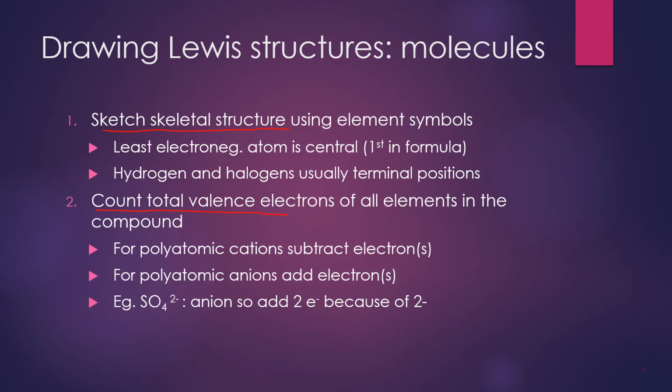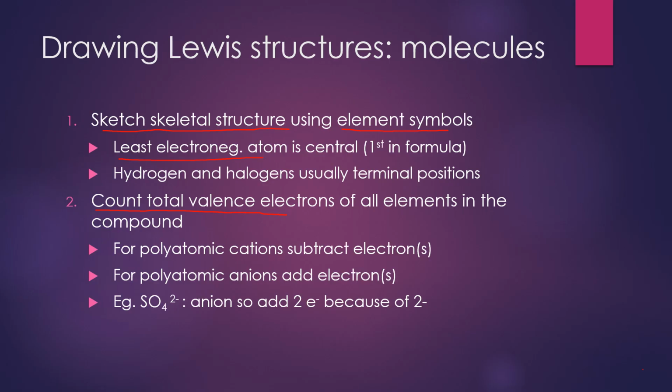How you do that is, in this lab, you're going to be given the compound name. From that name, you're going to figure out what the chemical formula looks like, because the chemical formula is going to consist of the element symbols and how many of each of those atoms are present. You're going to start drawing the skeletal structure by putting the least electronegative atom in the center.